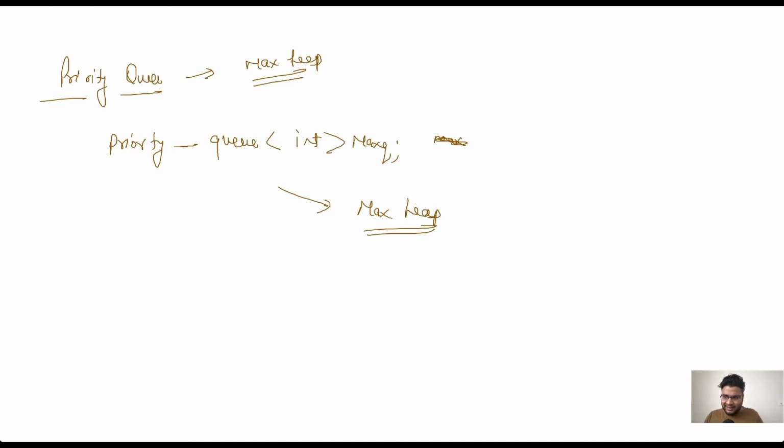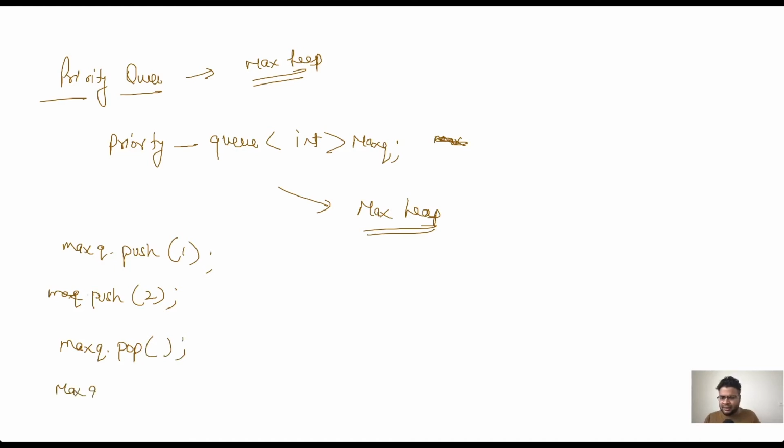Again, we can push elements using push only. So max q dot push 1, max q dot push 2, and keep on doing this. We can also pop the element, max q dot pop. It will pop out the topmost element, and we can also use top just to get the topmost element.